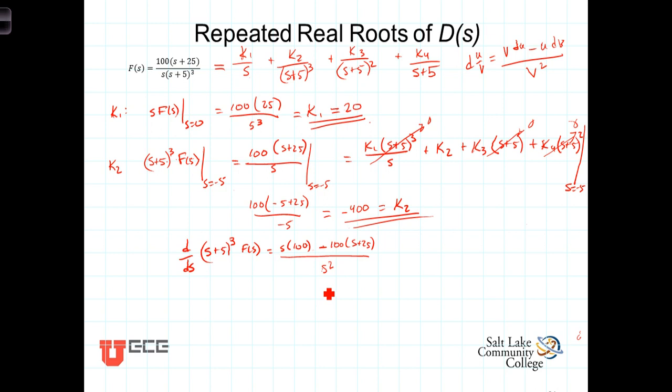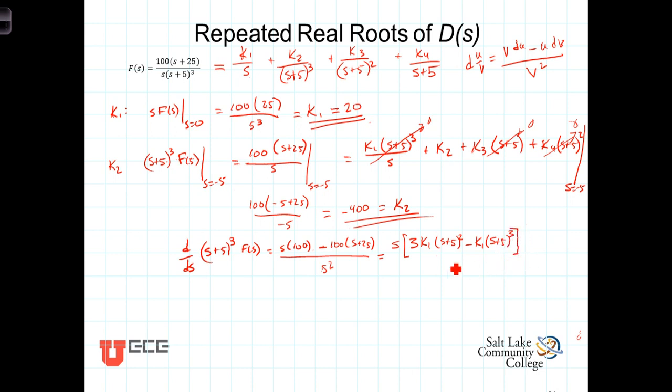The right-hand side starts to get a little bit messy. First of all, when we take the derivative of k2, the constant, that's going to go away. But first we need to take the derivative of this first term, which is going to be the denominator s times 3 times k1 times (s plus 5) squared, minus k1 times (s plus 5) cubed times the derivative of s, which is just 1.